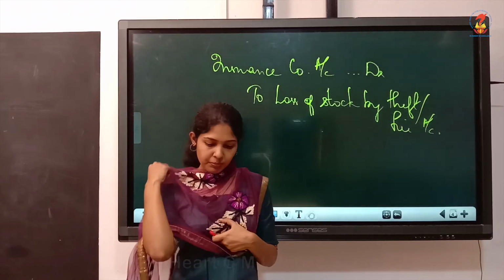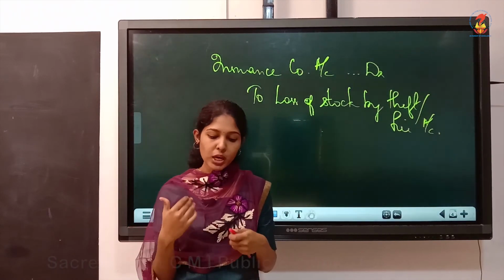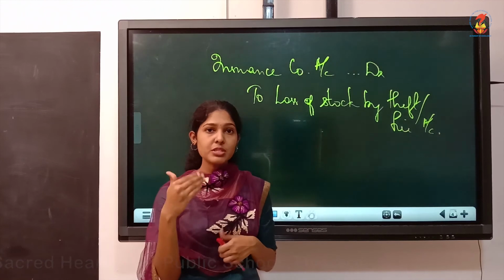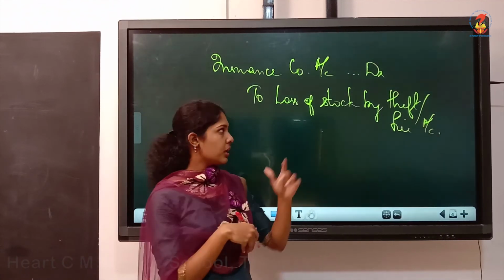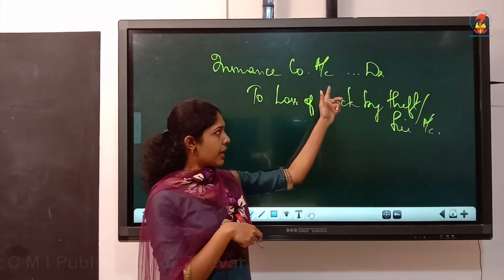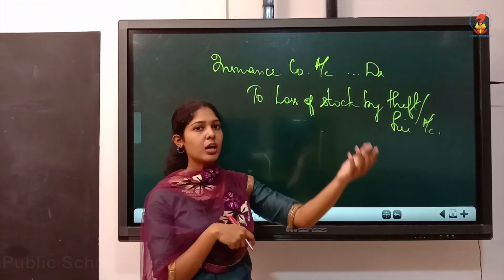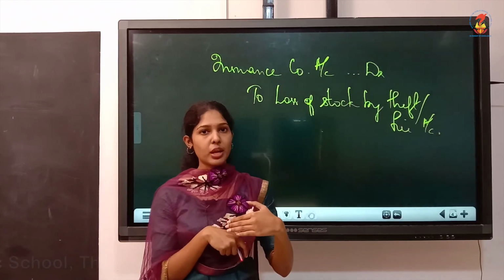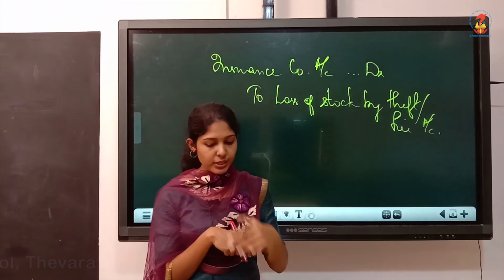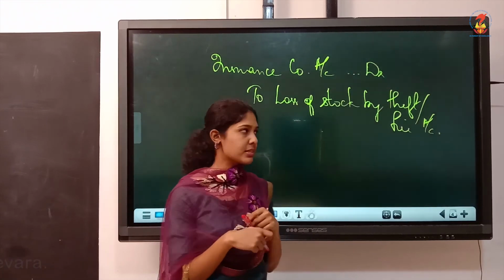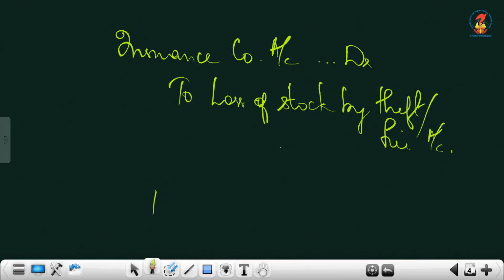Then the second subhead, when the full amount of claim is received from the insurance company. The insurance company is debited, because it is receivable from the insurance company. Now when you receive the full amount of the claim from the insurance company, what are we getting? The cash or bank we are getting.